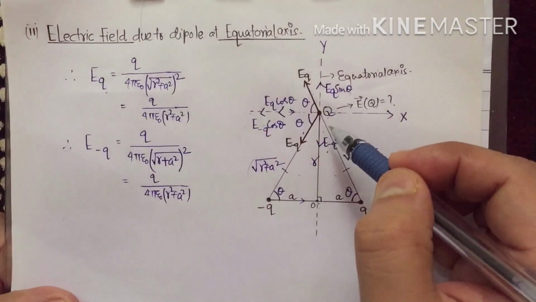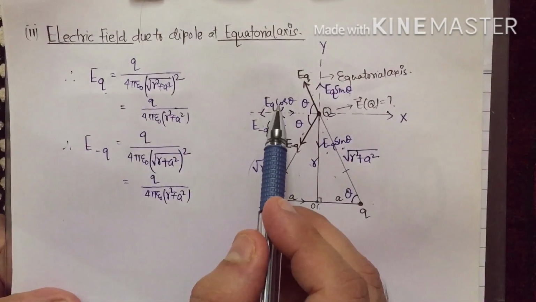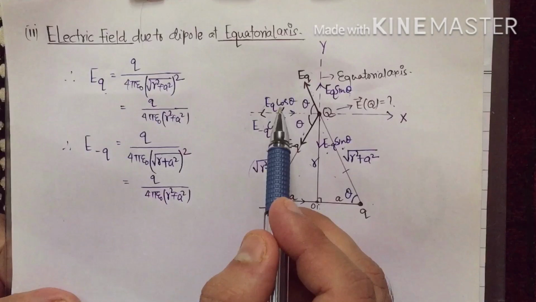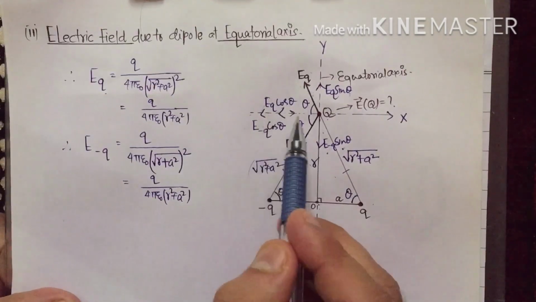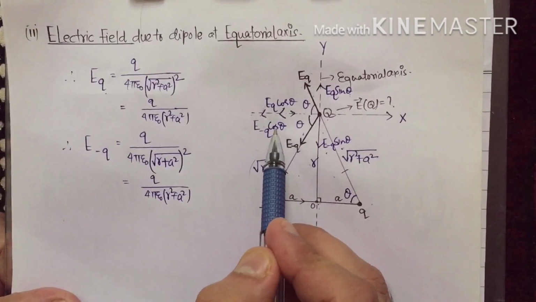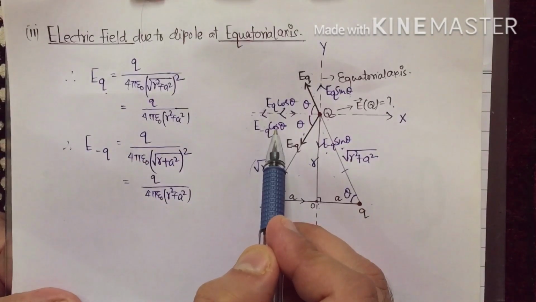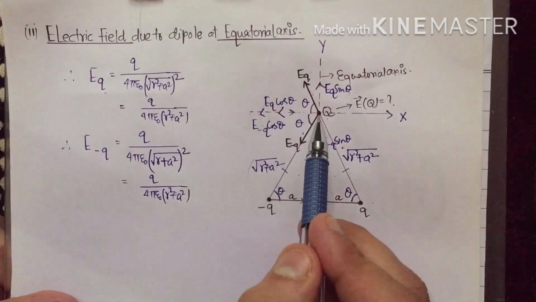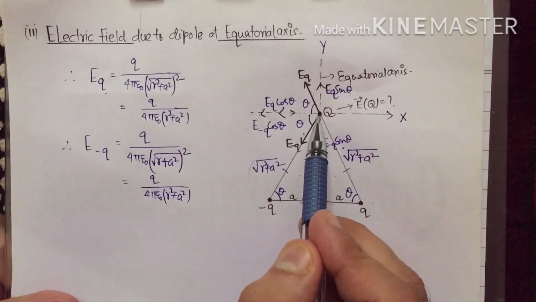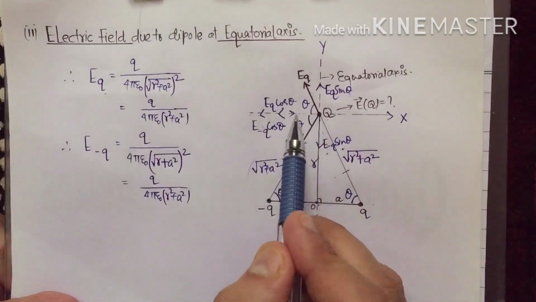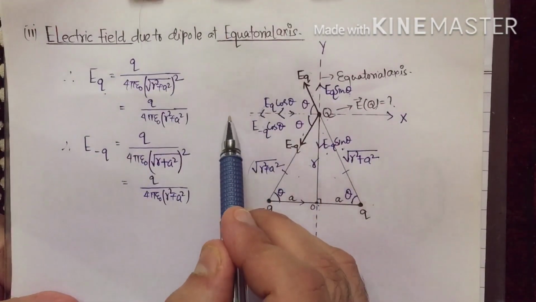The two horizontal components are in the same direction, so they will add up from the law of vector addition. Therefore the net electric field at point Q will be along the negative direction of the x-axis.